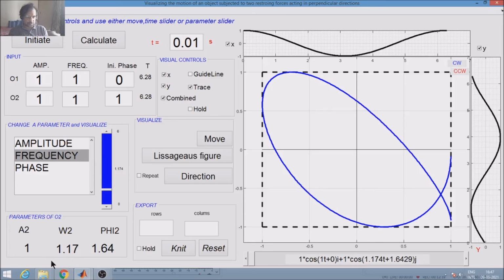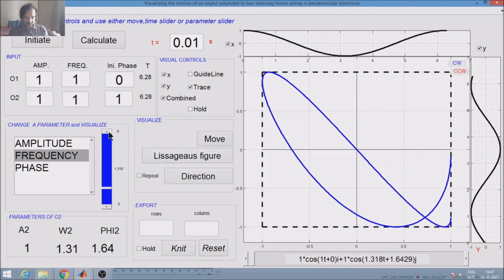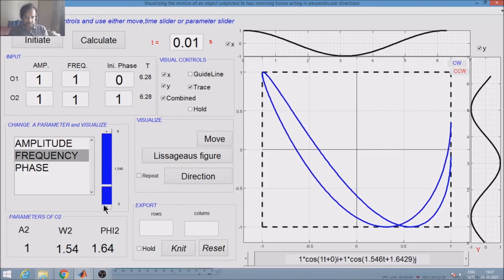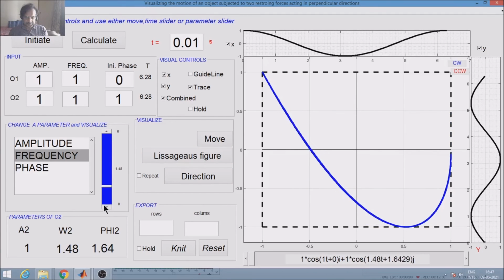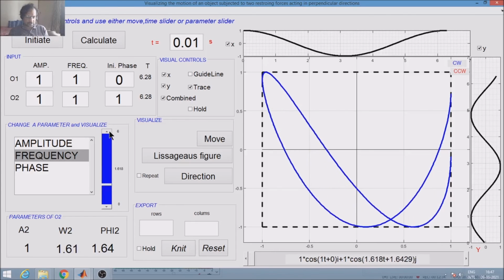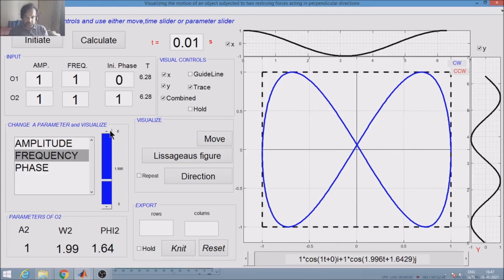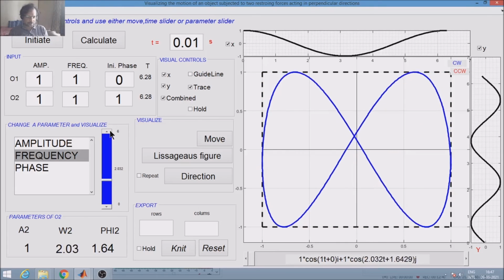If the ratio is 1.17, then it doesn't form a closed figure. So with 1.5, it forms. It's approaching 2, so this is what we get at 2.